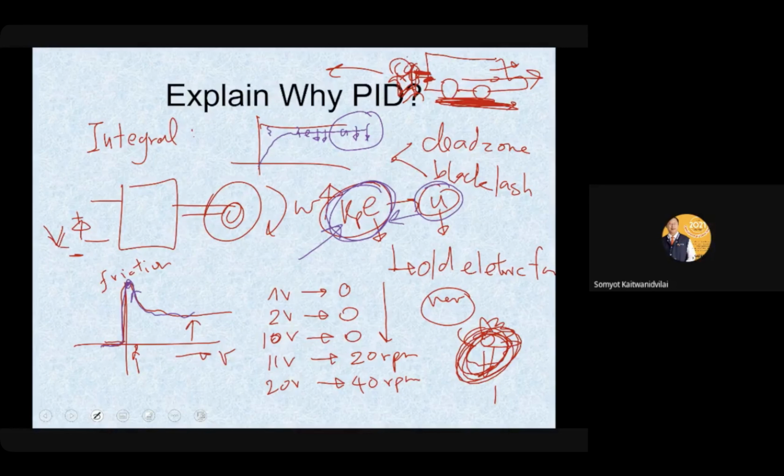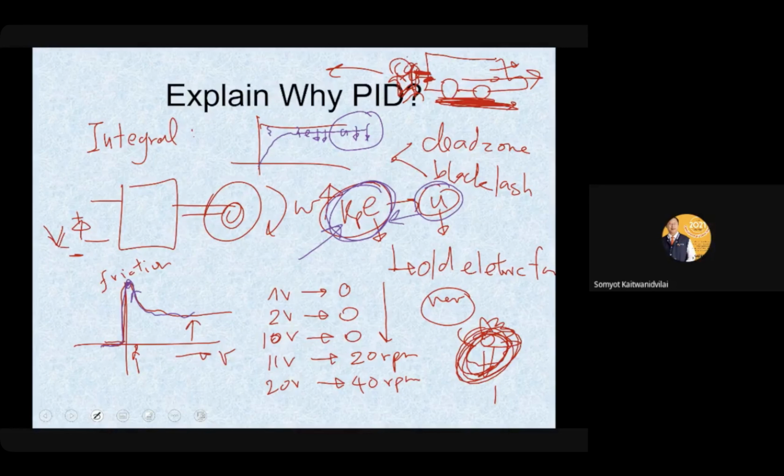Okay, are you okay with what I say? Okay, if you understand, I will show you why D, why differentiation. Let's say if I accelerate the system too much, it becomes like this, you see?